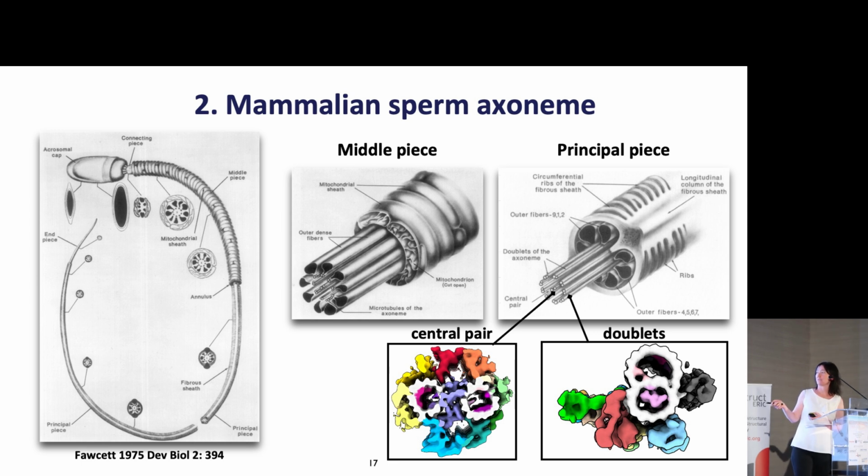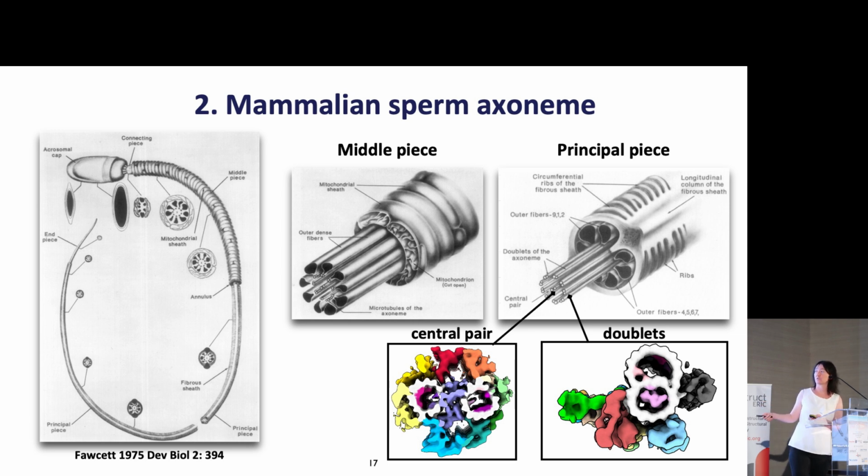And I like this drawing very much because it is based on classical electron microscopy that was done many years ago on sperm. And this already illustrates the complexity of mammalian sperm, which is very different from sperm of other species. The model that was used before is sea urchin sperm, but there it's very simple.